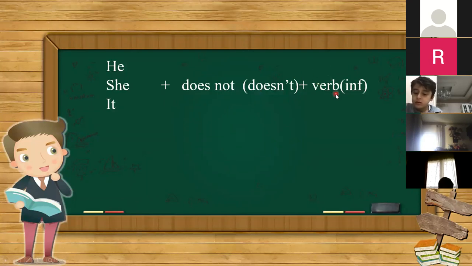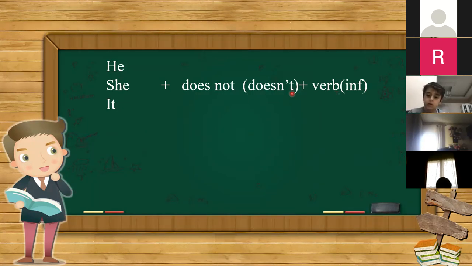But please pay me your attention here. Do you remember in the affirmative form we said with he, she, and it comes the verb with s or es or ies? For example, we say he plays football, she watches TV, and so on.